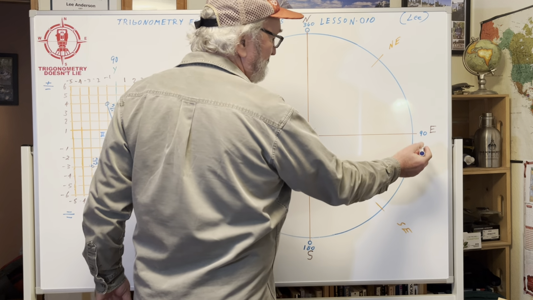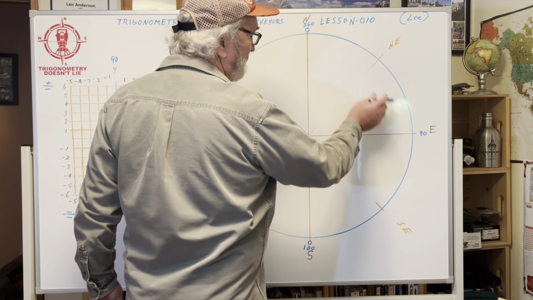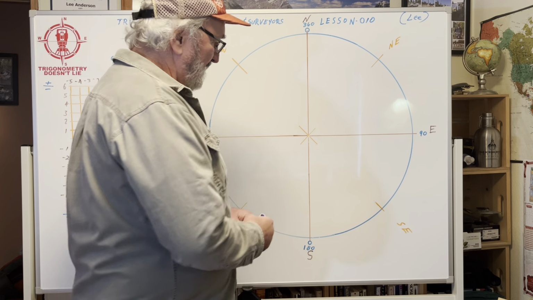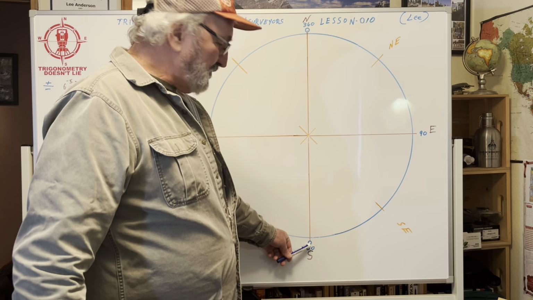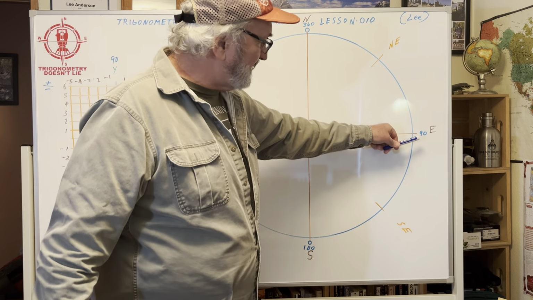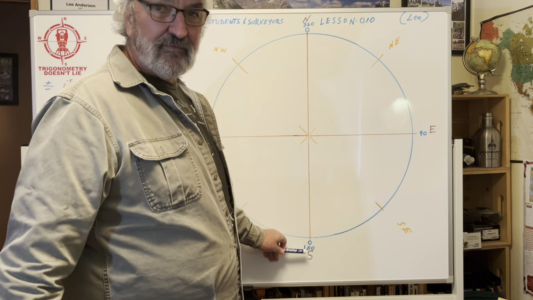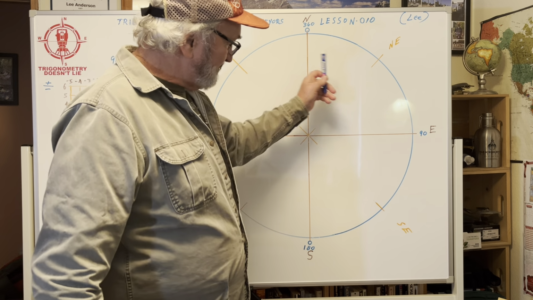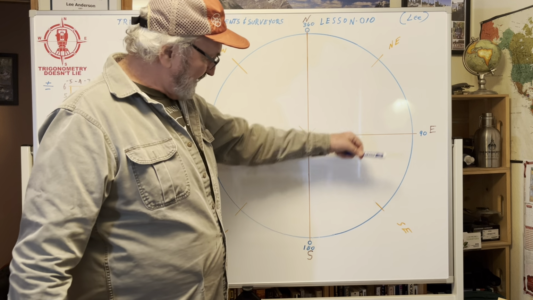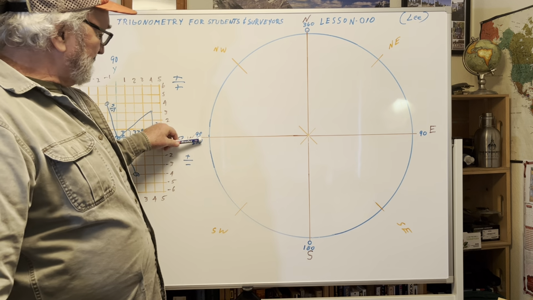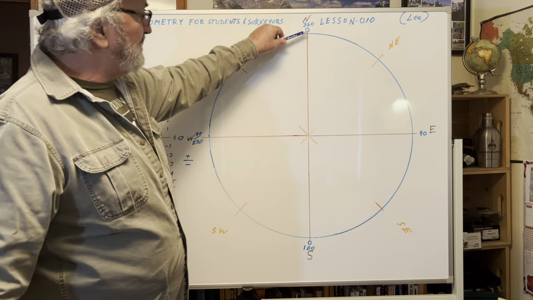We'll call this the northeast quadrant. Everything here is the same. It's 90 degrees. When you get to your second quadrant in bearing, you're back to 0. So you're going 0 to 90 and then back to 0. With azimuth, you're going 0 to 90 to 180 to 270. Here you're going 0 to 90 to 0, back to 90, and then back to 0 again.